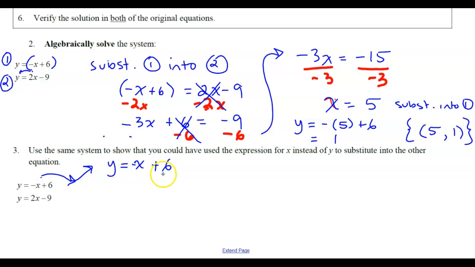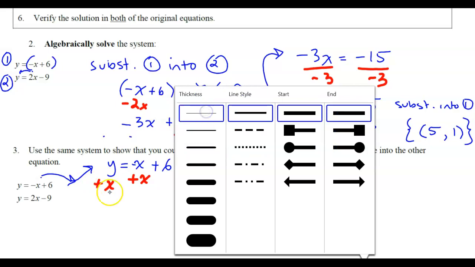Okay, so I'm going to subtract 6 from both sides, or what's easier, because x is negative, you should start getting good at this, is you want to make x positive. You want to get x by itself, kind of like when we convert to general form. So I'm going to add x to both sides. And you could do this all in one step.